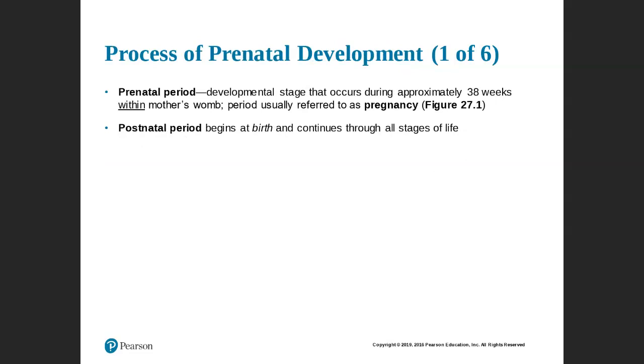So the prenatal period is everything that happens in that 38 weeks within a mother's womb before birth, okay? That period is sometimes referred to as a pregnancy period. But as healthcare professionals, we call it the prenatal period. Okay, the postnatal period is all those changes that occur in life after birth. Natal refers to birth.